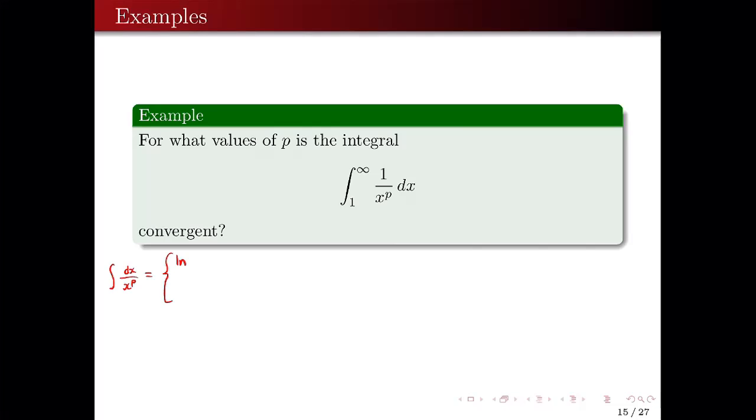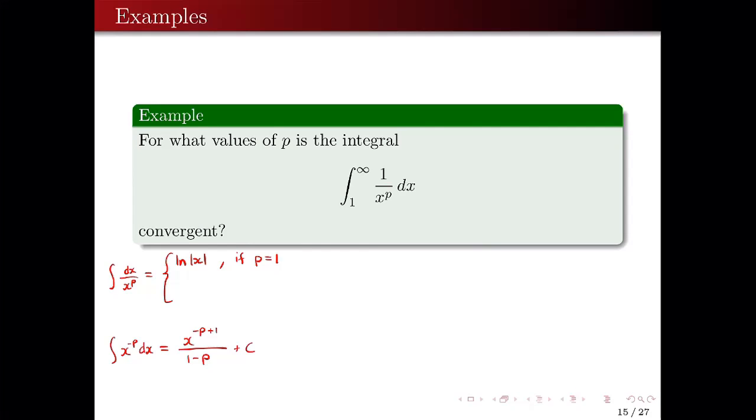One, we have the ln of absolute value of x, if p equals 1. And then if p is not equal to 1, you can write this as the integral of x raised to negative p dx. If p is not equal to 1, we will have here x raised to negative p plus 1 divided by 1 minus p, plus arbitrary constant c. I forgot that plus c.